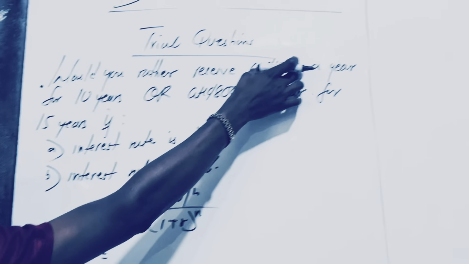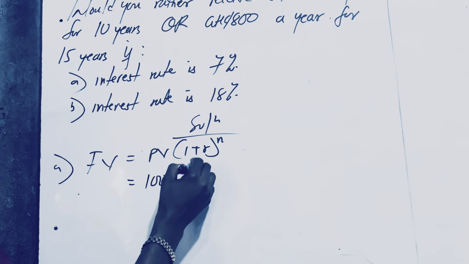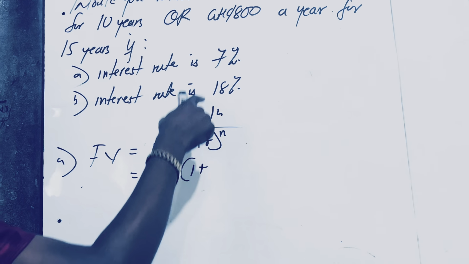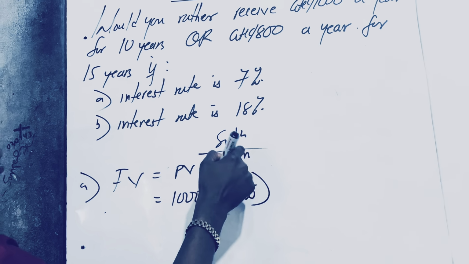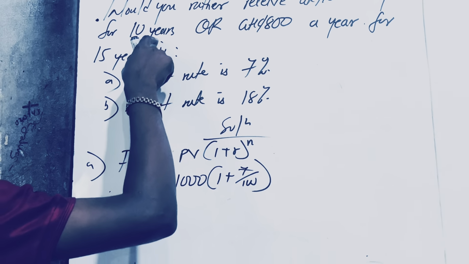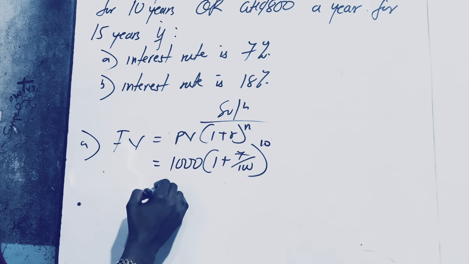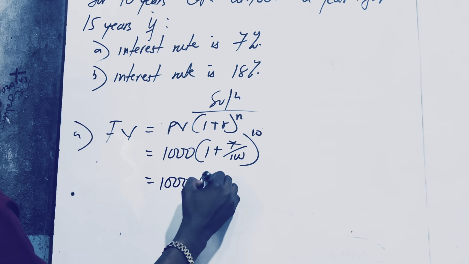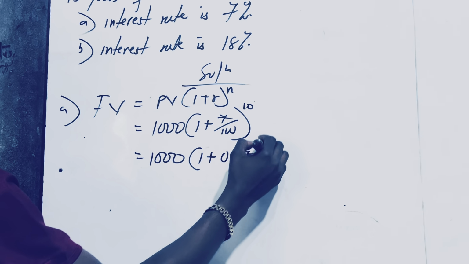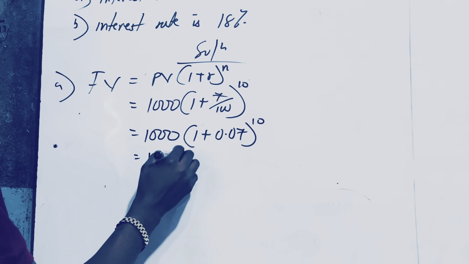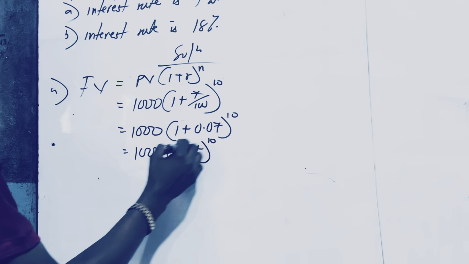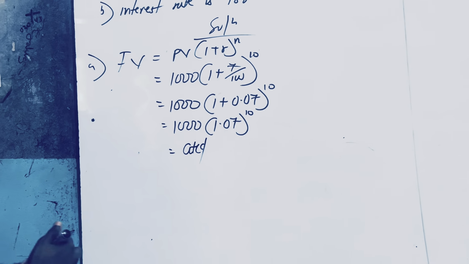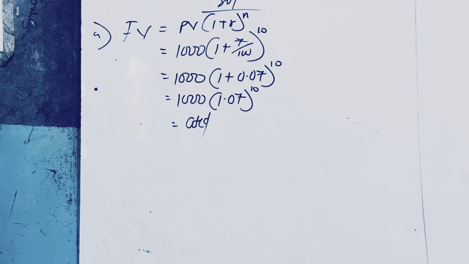So let's calculate the future value of 1,000 cedis. What rate are we using here? 7%, which is 7 over 100, for 10 years. So we have 1 plus 0.07, which is 1.07. So let's take our calculator.